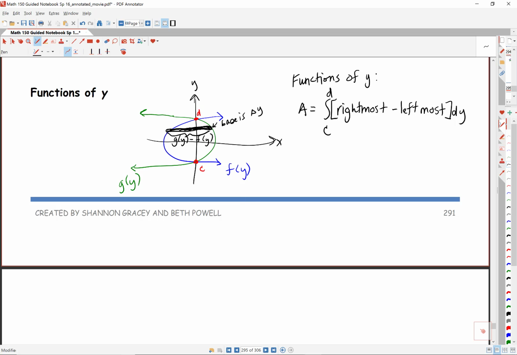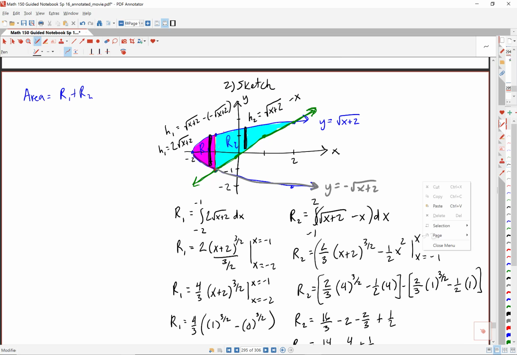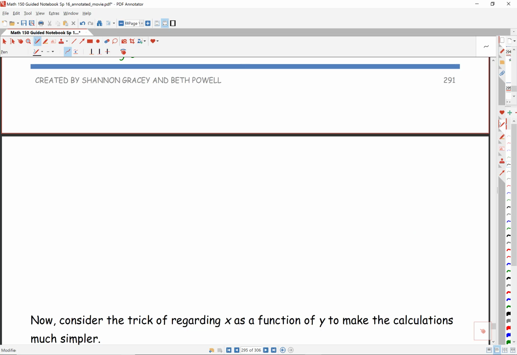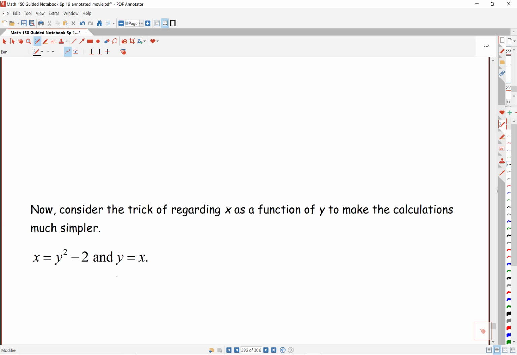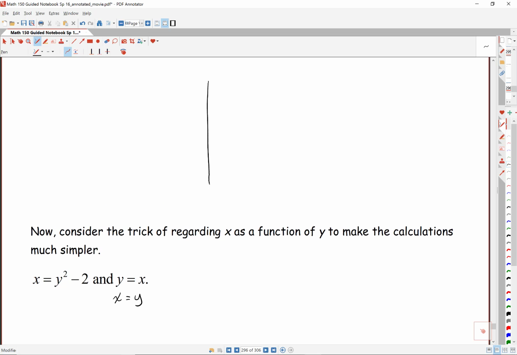So let's revisit our other graph that we did here. And notice how we did the rectangles and had to do all that configuring. Well, let's do another sketch of this bad boy and take a look at how we could solve this problem. Instead of keeping this as y equals x, we would say x equals y. And our graph, I'll just do it on top. Our graph is going to look like, it'll be the same graph, but the pictures will be a little different.